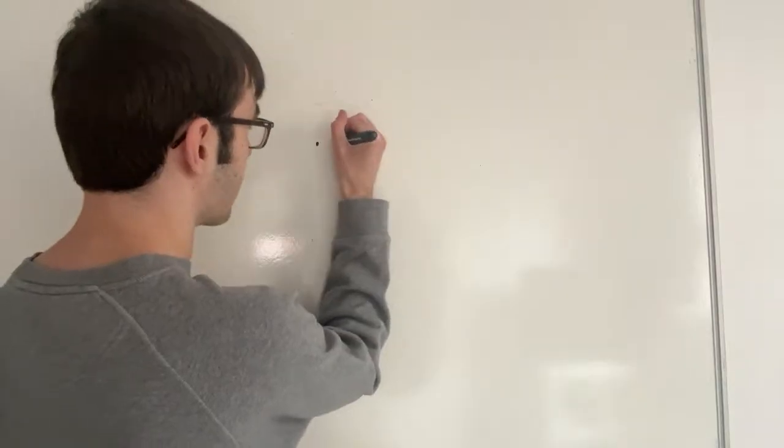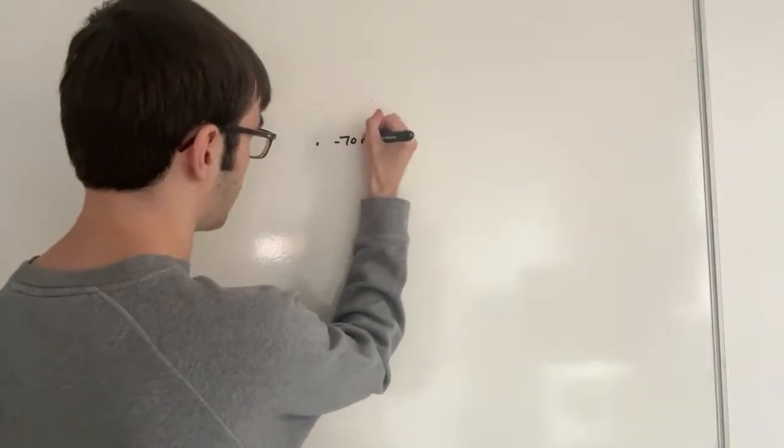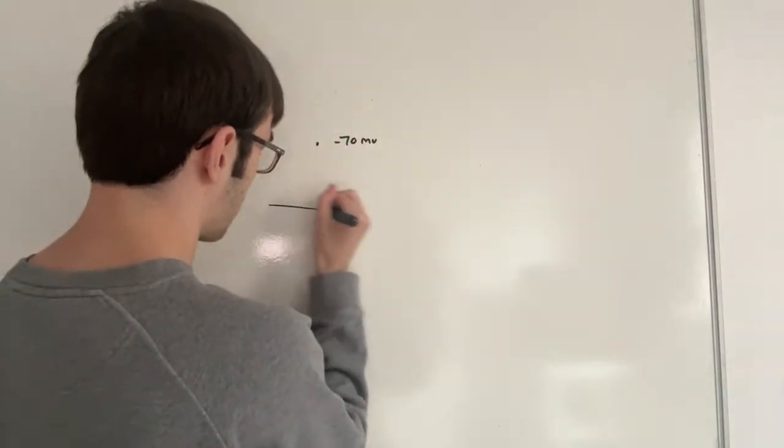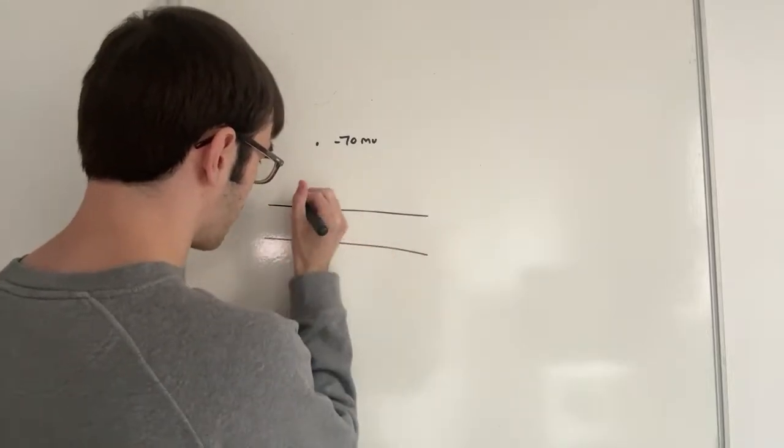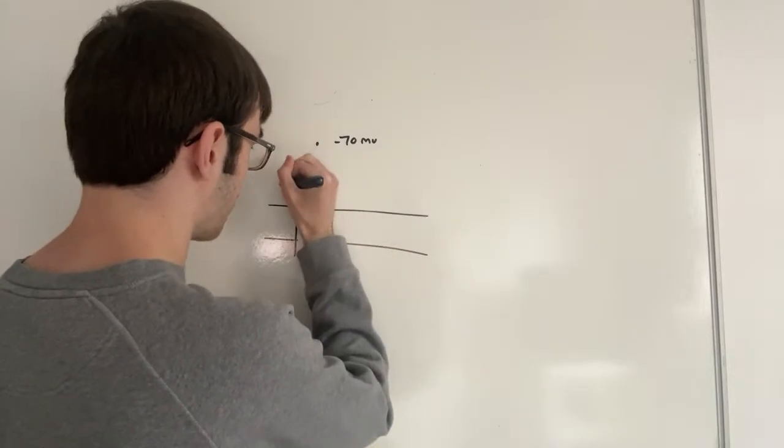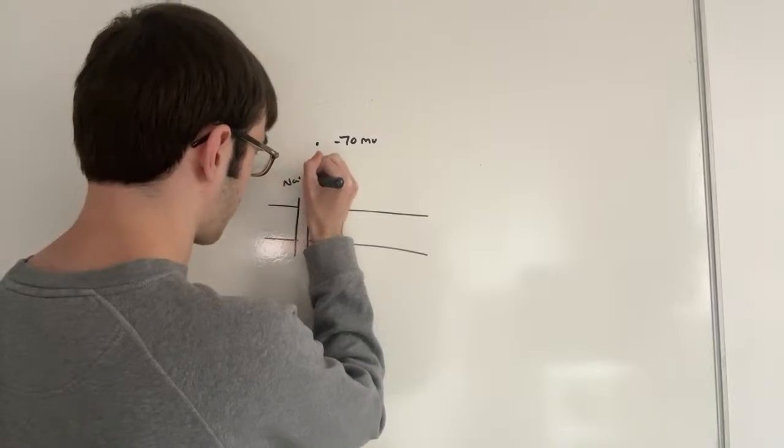Explain how a resting potential is maintained across the axon membrane. Okay, resting potential. So we are going to say that resting potential of minus 70 millivolts. Let's kind of draw this out. Firstly, we have the NaK pump. Na plus K plus pump.